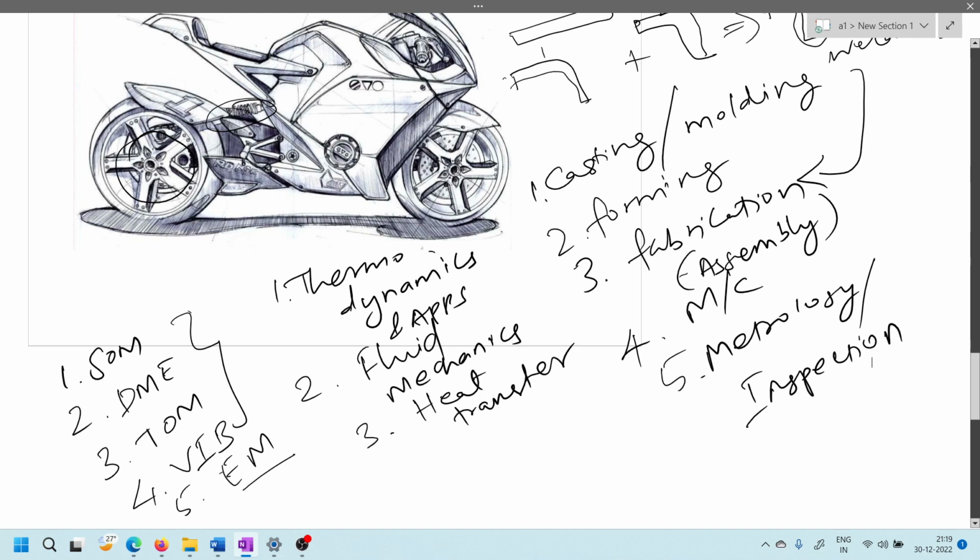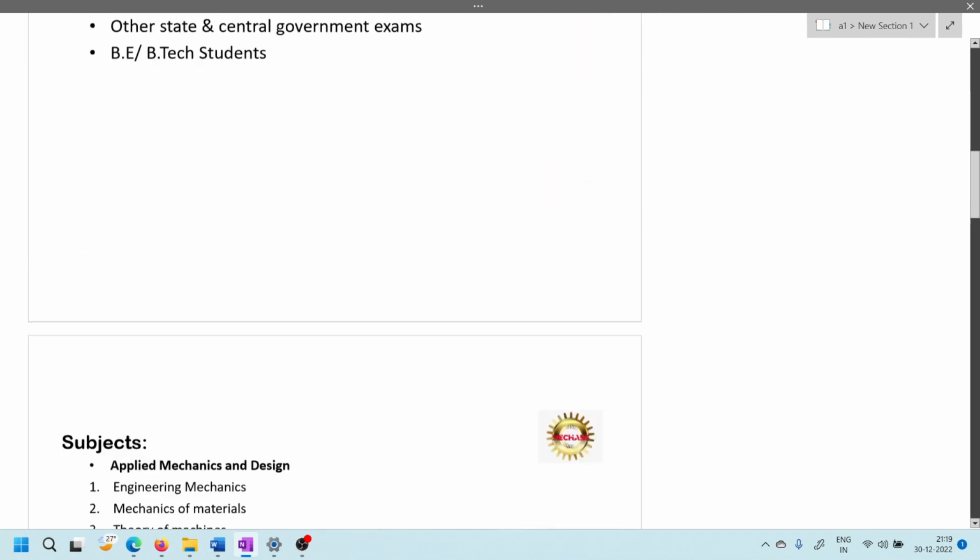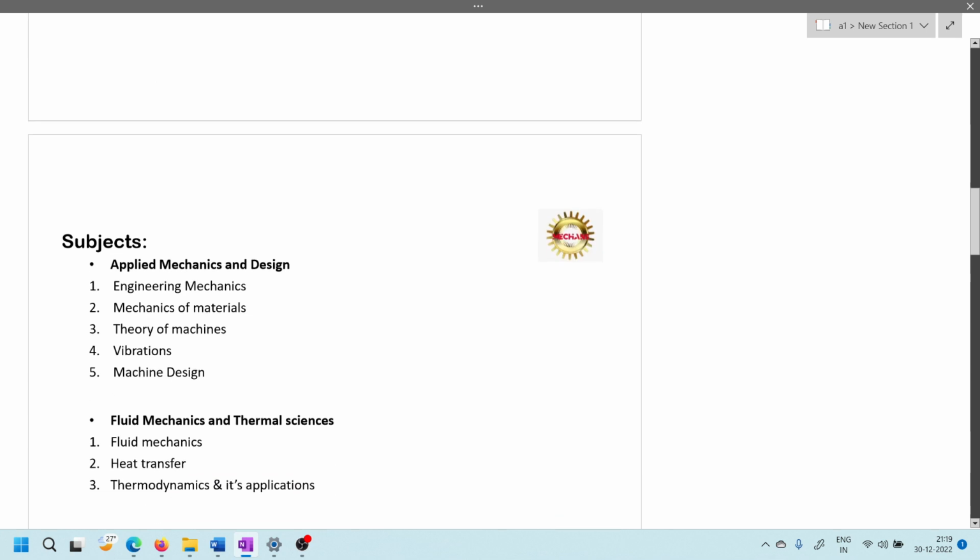So mainly this whole mechanical engineering subject comes under three categories, that's what I mentioned above. The first one is applied mechanics and design. Here we are going to study the basic things in engineering mechanics and strength of materials, mentioned here as the mechanics of materials, where we study the properties related to strength.